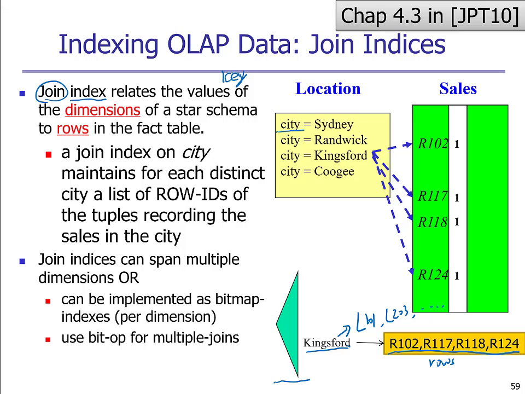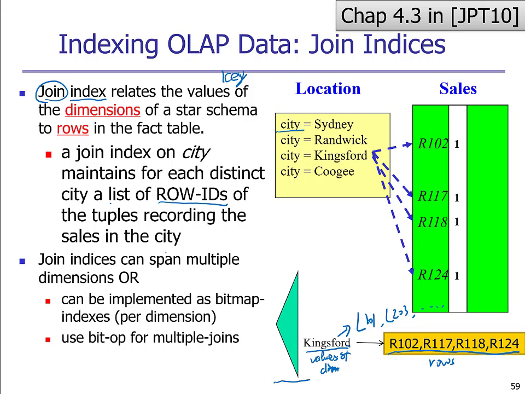These are the rows of the fact table, and these are the values of dimensions, which should come from a dimension table. For example, a join index on city maintains for each distinct city a list of row IDs, or transaction IDs, of the tuples recording the sales in the city.